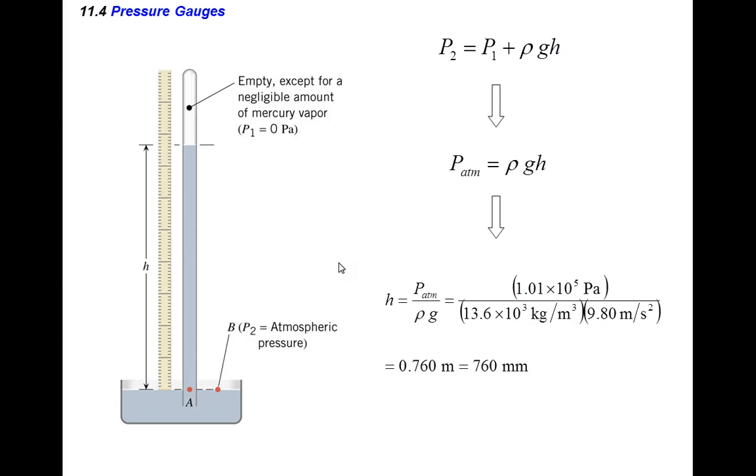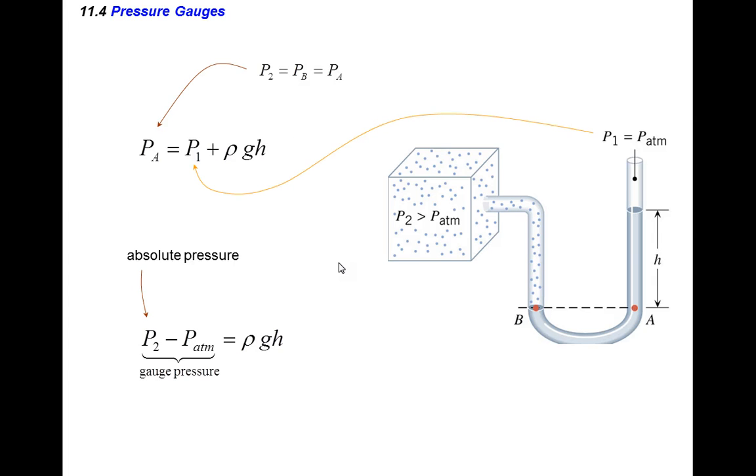So this is a way that we used to do it. 760 millimeters of mercury is standard atmospheric pressure, and some units use that.